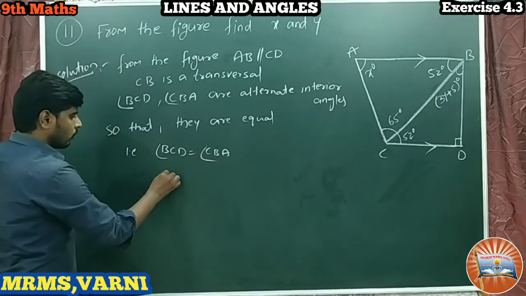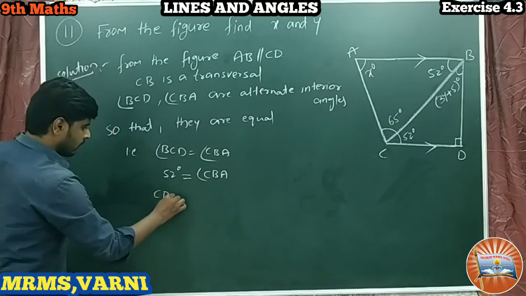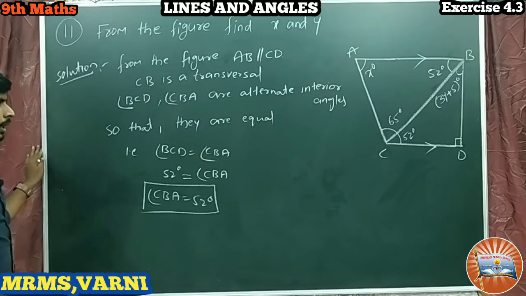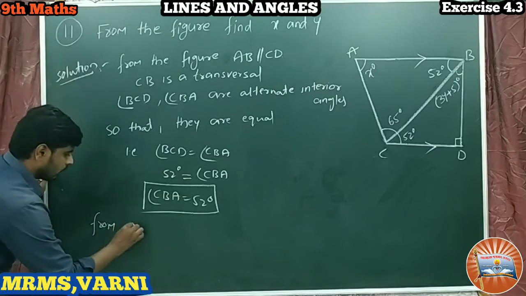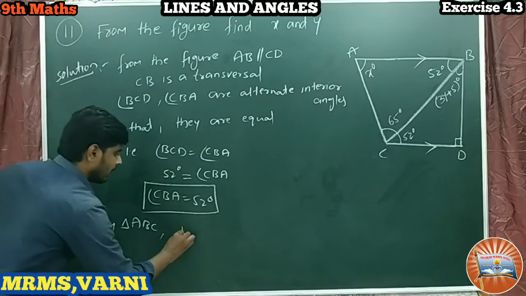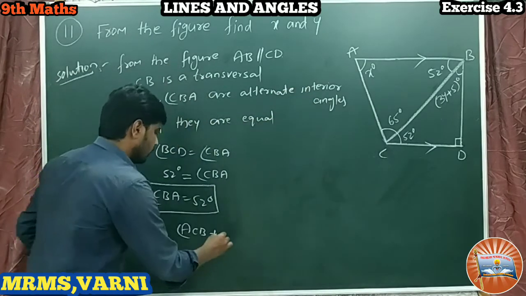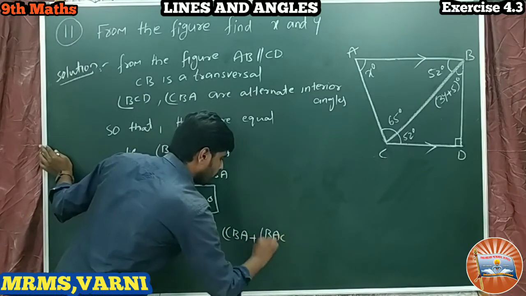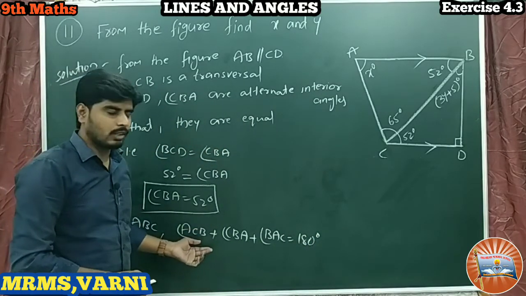So BCD value we have 52 degrees, that is equal to CBA. So CBA we got 52 degrees. Okay, right. So from triangle ABC, angle ACB plus angle CBA plus angle BAC is equal to 180 degrees, because sum of three interior angles of a triangle is equal to 180 degrees.